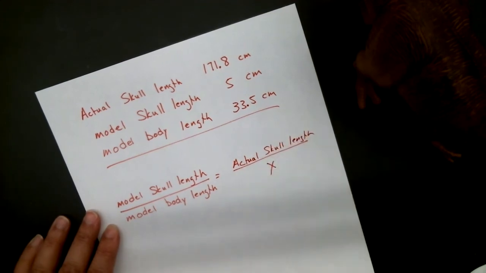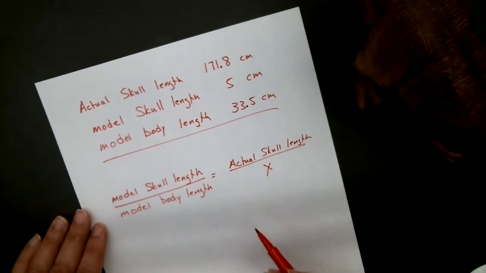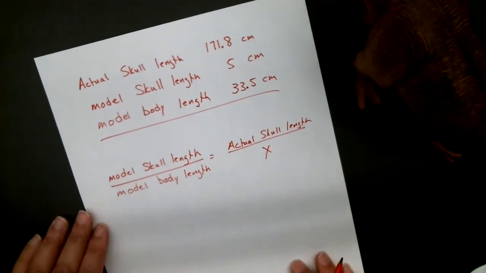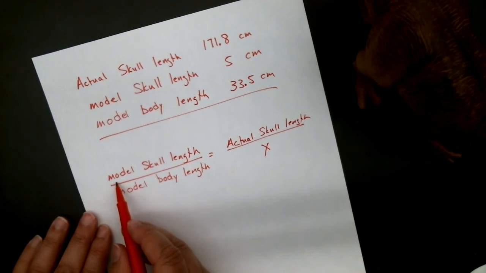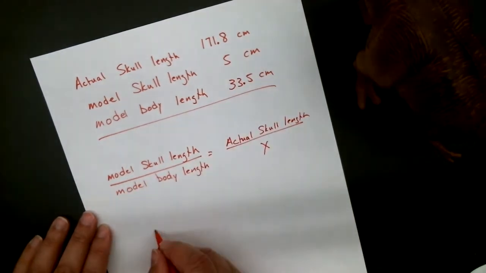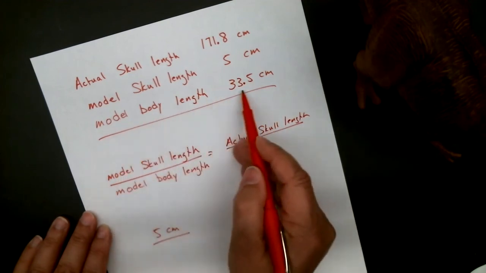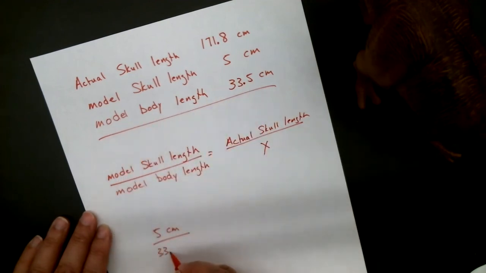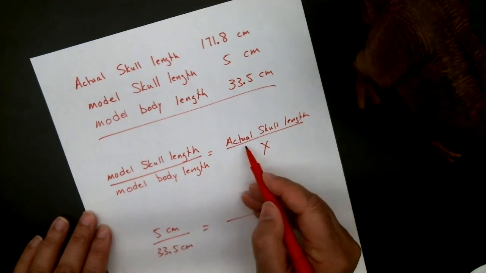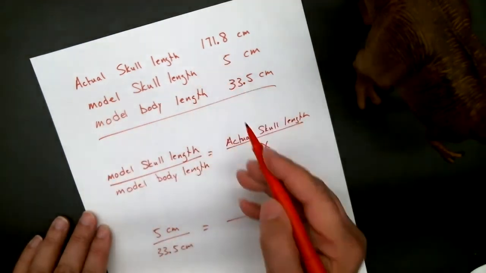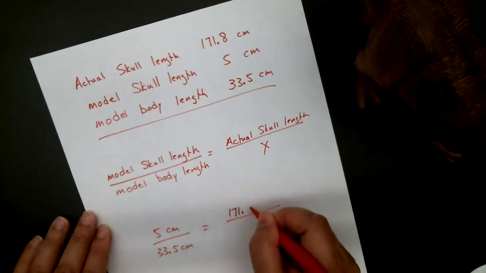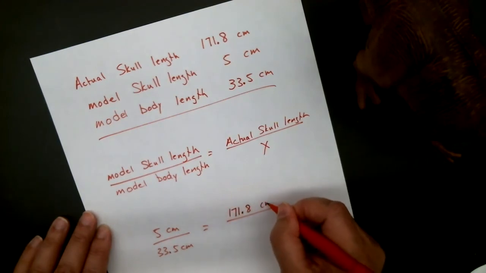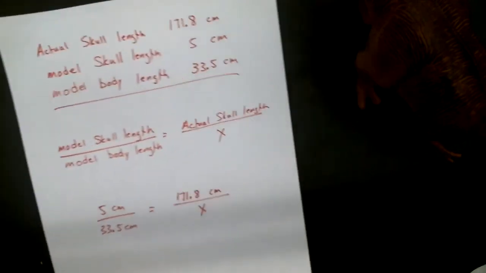And I'm solving for X. That will be the actual body length. Okay, so I'm ready to plug my numbers in. Model skull length was 5 centimeters, and we're going to divide it by the model body length. And I know the actual skull length because I calculated that in the last part. And I'm going to solve for X.